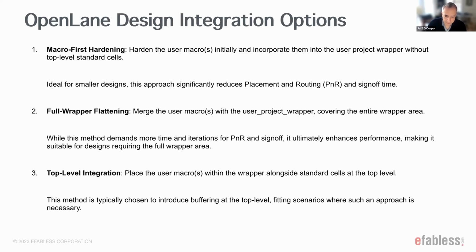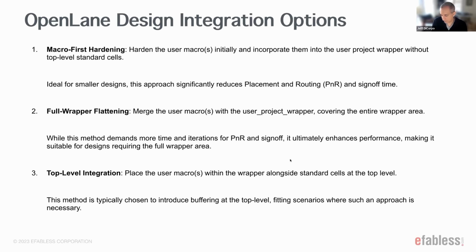For your full project, you can also reuse those macros across multiple projects, or use external macros from a vendor, or something that's pre-published. One of the advantages of placing standard cells at the top level is that buffering can be placed at the top level and allows the flow to fully optimize timing closure for the design.